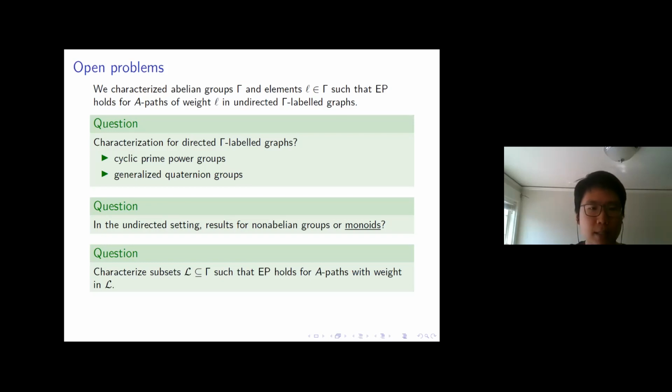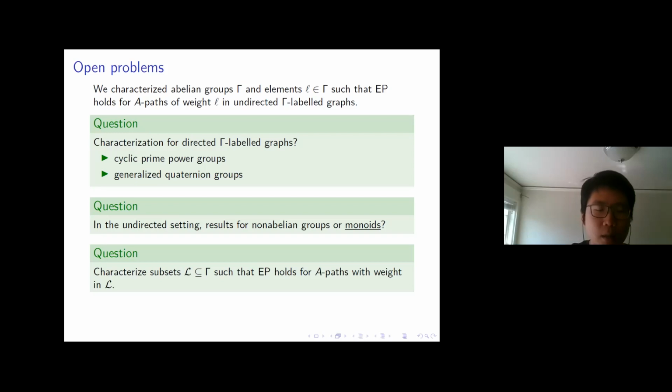So in that case, this subset L is all the non-zero elements. And we show that if L has size 1, if L is just one single element, then we know exactly when the Erdős–Pósa property holds. So now what about all the subsets in between singletons and everything except 0? That might be an interesting problem.